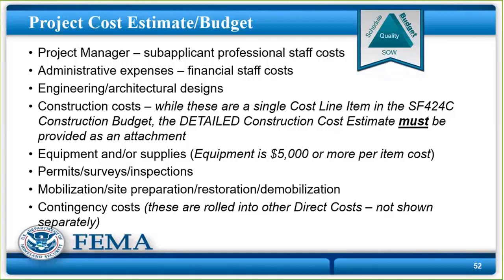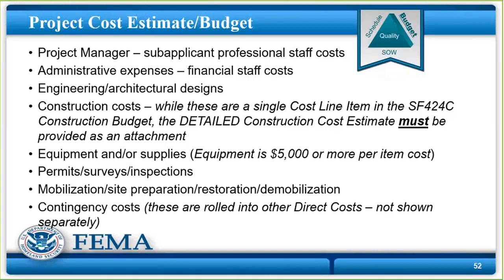So we encourage all of our tribes, all of our states, all of our local governments to do what we used to do for a long time. Include an inflation factor in the expenses that you know are going to be higher by the time you get your award. So even though you provide us a detailed cost estimate, you specifically state in your budget narrative that we also inflated it for 2 years based on our local inflation construction cost rate of 12%, which is probably what it is here in Puget Sound.